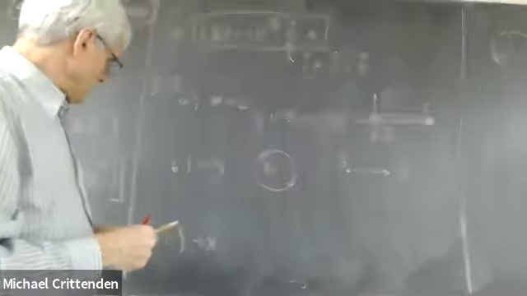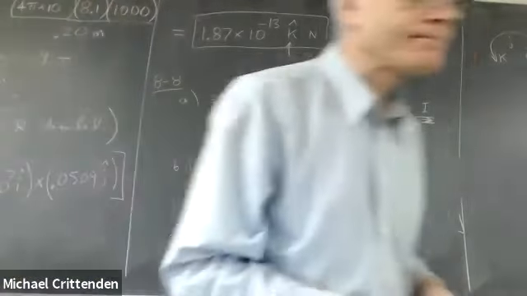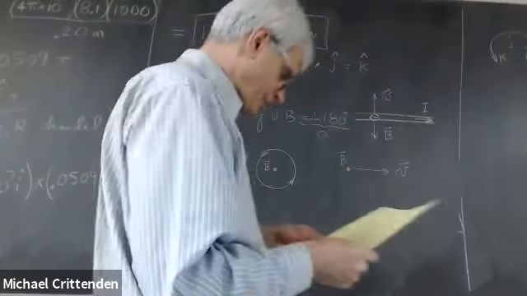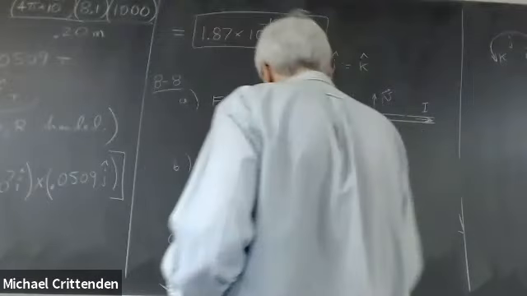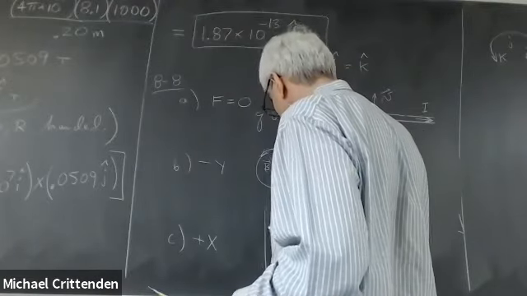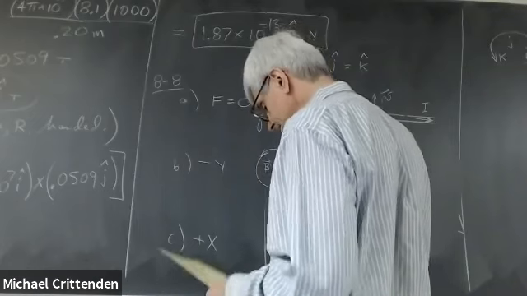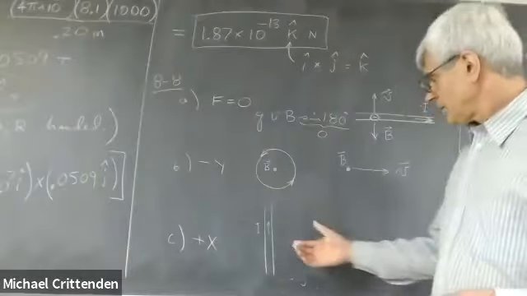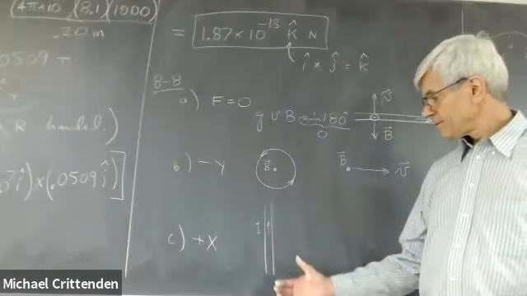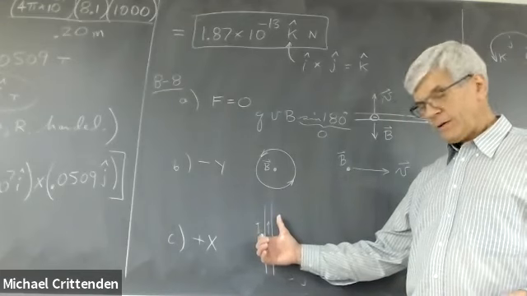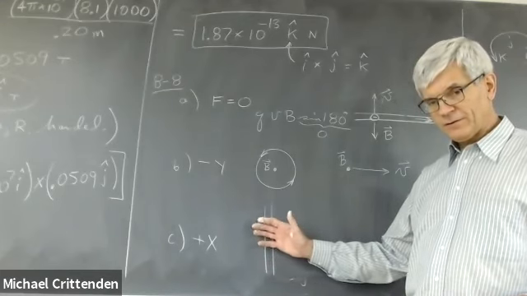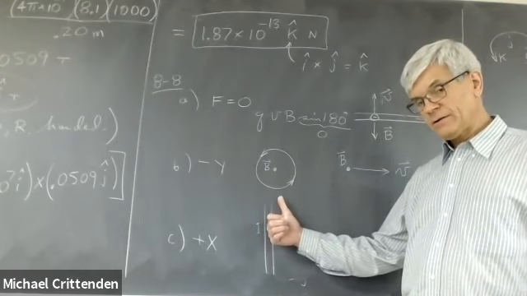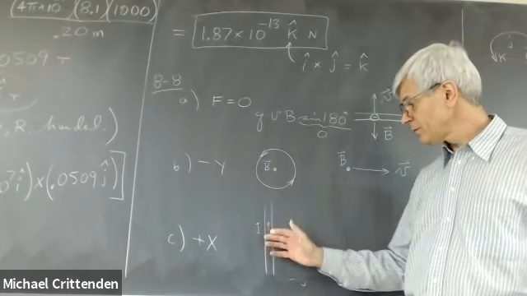Okay. Then the last one in this group, we've got a current carrying wire. Right hand rule. You grab the wire with your thumb pointing in the direction the current flows. Your fingers wrap around the wire, pointing in the direction that the magnetic field lines loop around there.